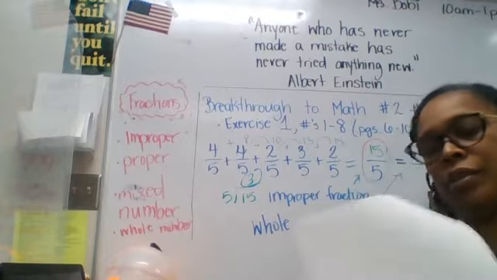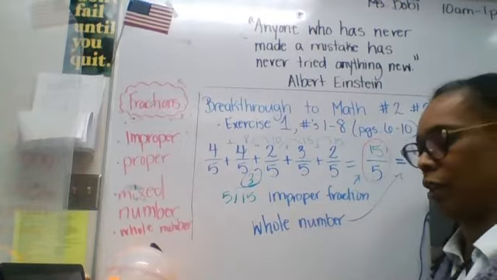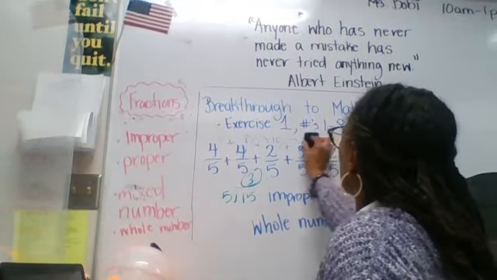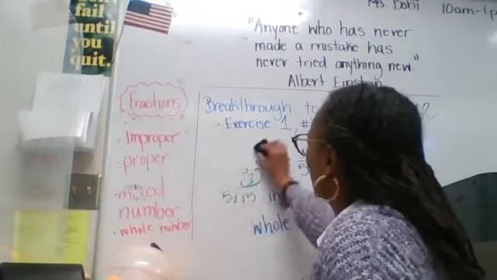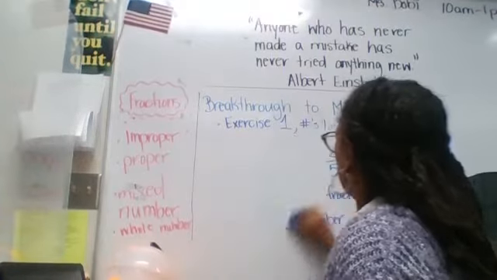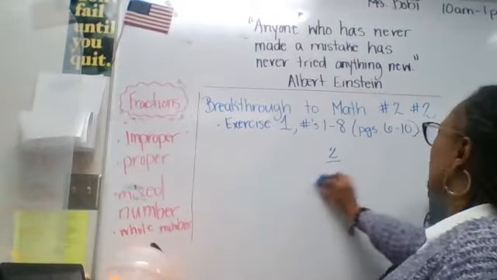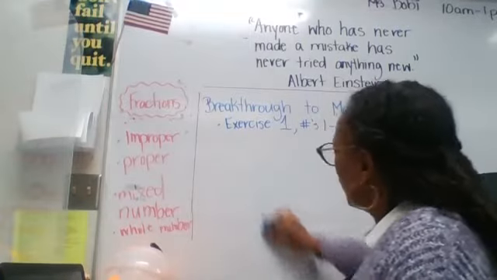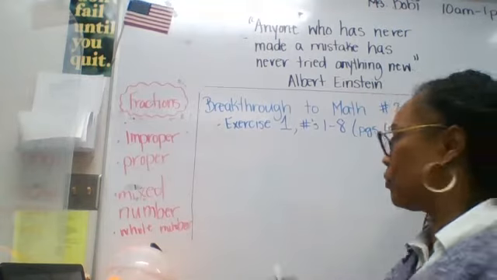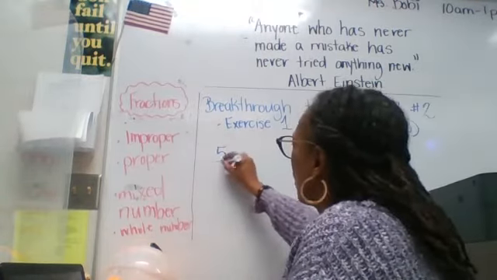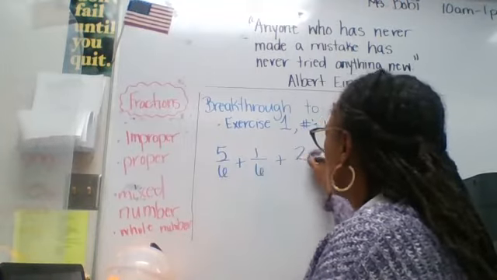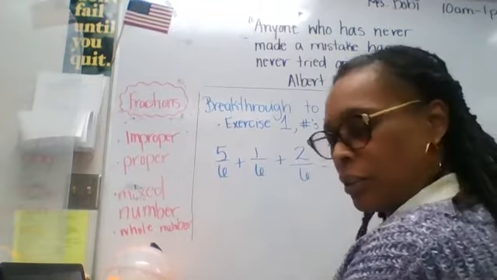And we have one more example, and then we'll try our problems together. And yes, I'm using the old board because I can write it faster than on the whiteboard. So the next example they give is 5 over 6 plus 1 over 6 plus 2 over 6 equals.